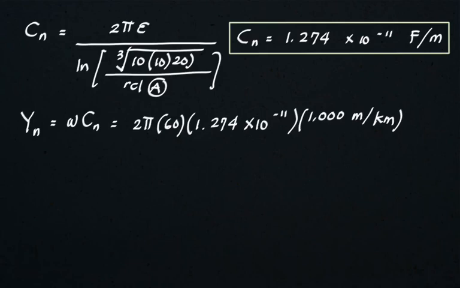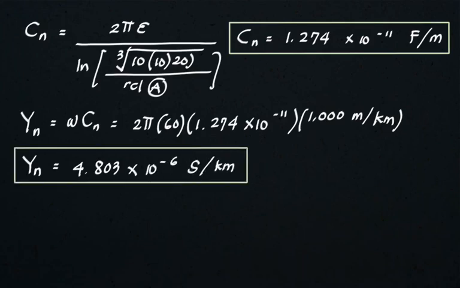So the admittance is now given as the value like this. I think that's for illustration 4.